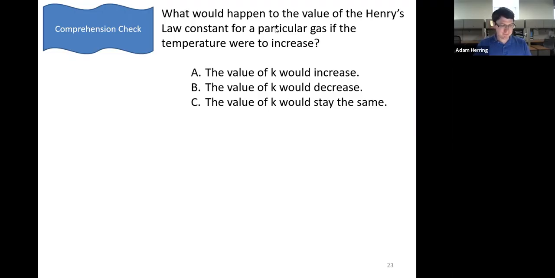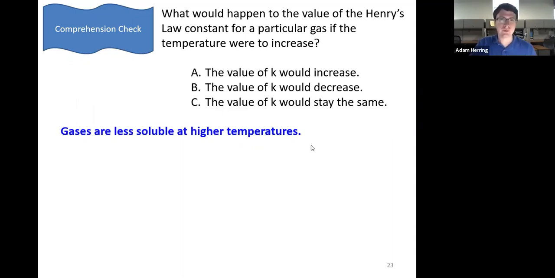Welcome back. So how can we evaluate this? Well, we know that for gases, they're less soluble at higher temperatures. If they're less soluble, then at a given partial pressure, we would expect the solubility to be lower.